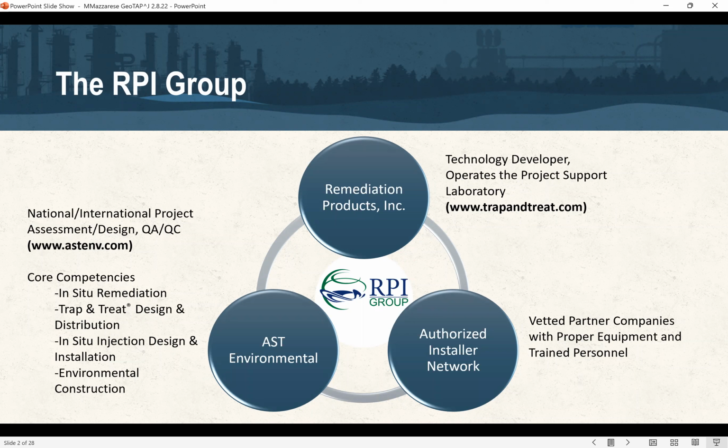The third leg of the stool is our authorized installer network that you see down there on the right. AST generally operates in the eastern part of the United States, and outside of that footprint we've got other companies that we've partnered with to have the proper equipment, training, and personnel on site to make sure these projects are implemented properly from the field standpoint.